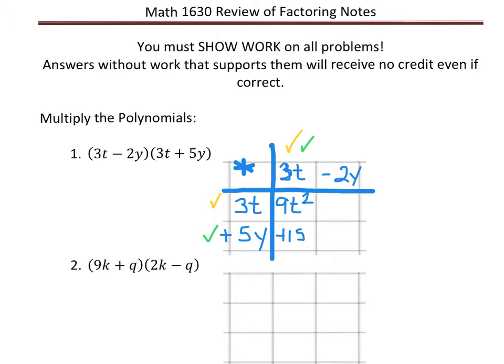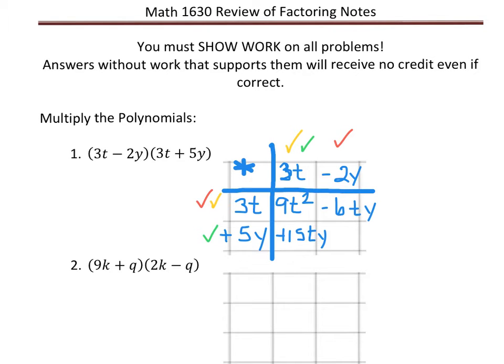And then ty, just keeping them in alphabetical order just because. And then we're going to multiply the first row times the second column, and that's going to give us 3 times negative 2 is negative 6 ty.